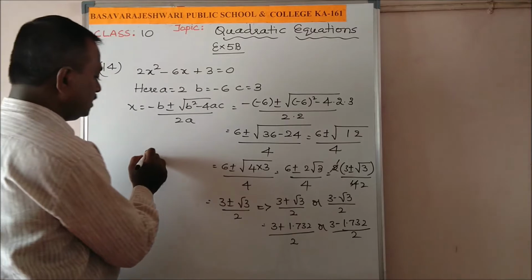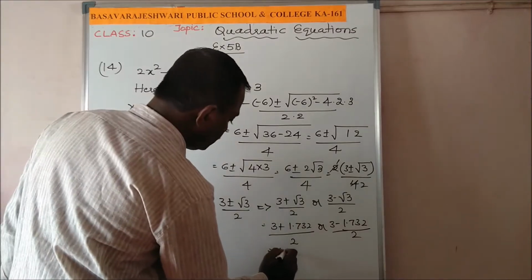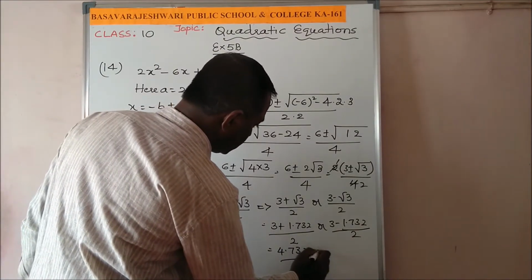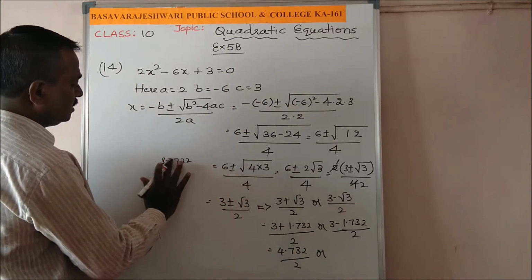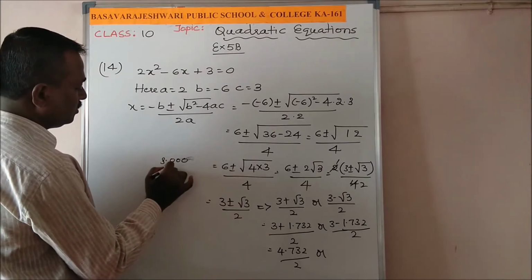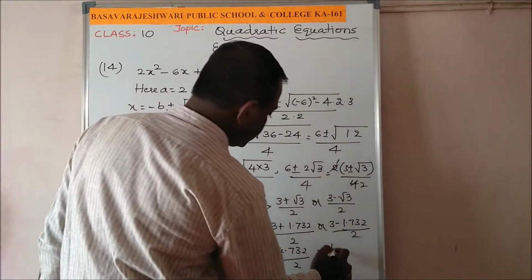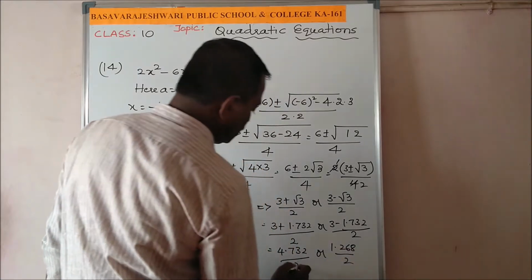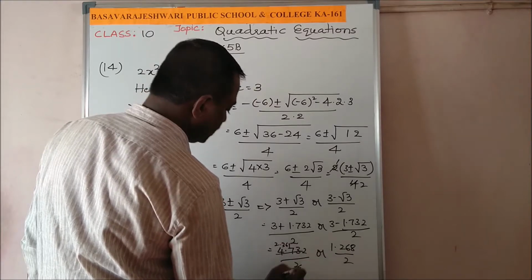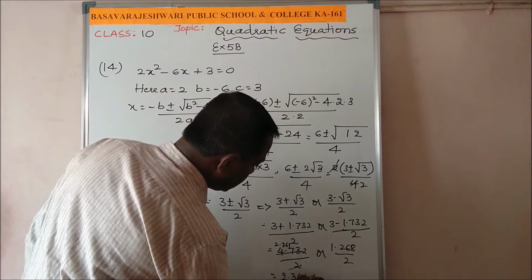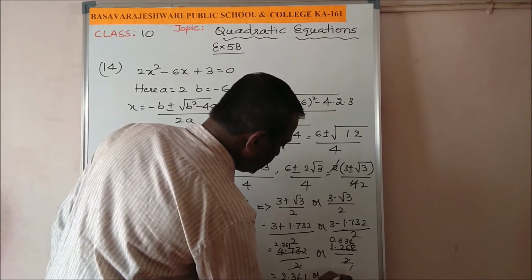That is 4.732 by 2 or 1.268 by 2. 2 ones are 2, 2 twos are 4, 2 threes are 6. So we get 2.366 or 0.634.